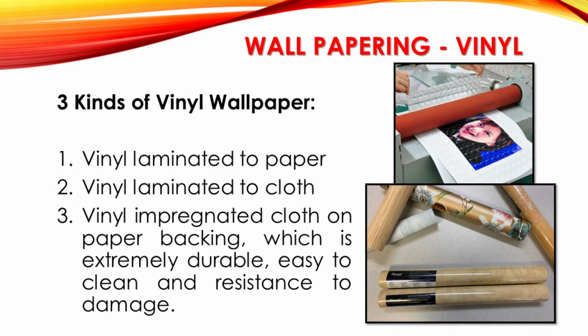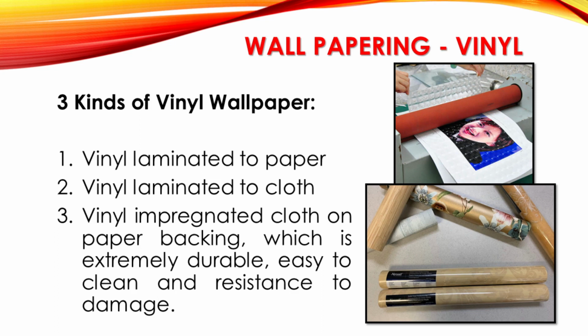The first kind is the vinyl laminated to paper. Second is vinyl laminated to cloth. Third is the vinyl impregnated cloth on paper backing, which is extremely durable, easy to clean, and resistant to damage.